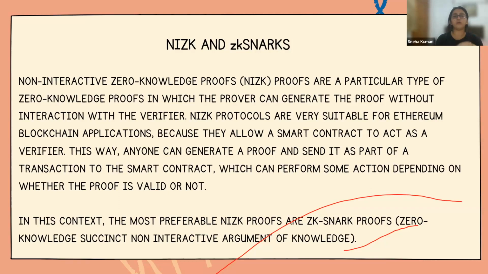Okay. And when we talk about non-interactive zero knowledge proofs, the first and the most preferable are ZK-SNARKs, which stands for zero knowledge succinct non-interactive argument of knowledge. So the terms are pretty clear, particularly stressing the definition.